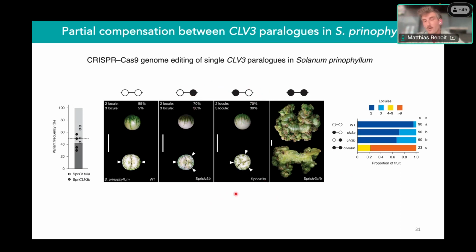So you will end up not having the expected phenotypic trait at the end of the day in your engineered plant, right? So that's one example of how gene duplication could be a barrier to predictable genome engineering and phenotypic engineering in plants.